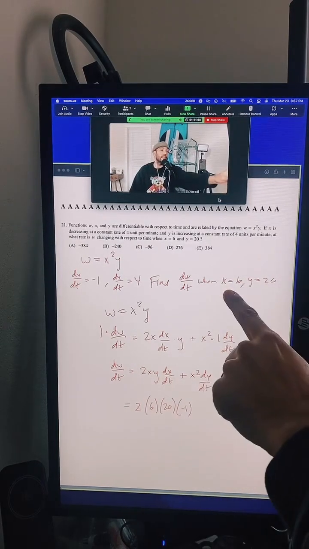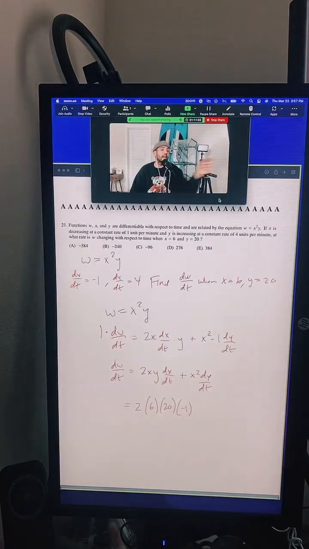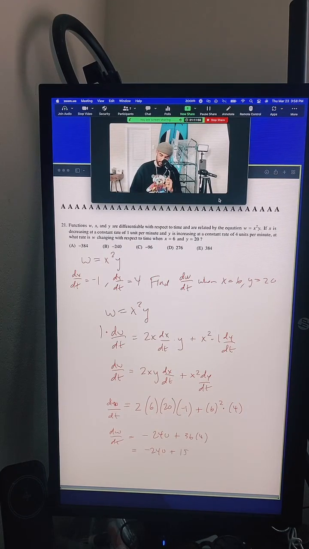Again, 6 was the x value, 20 was the y value, and then dx/dt was our -1, plus 6 squared times dy/dt, which is 4. And now we're just going to simplify. So we have negative 240 plus 36 times 4, so negative 240 plus 144. I hope that's correct. And this is going to be negative 96.